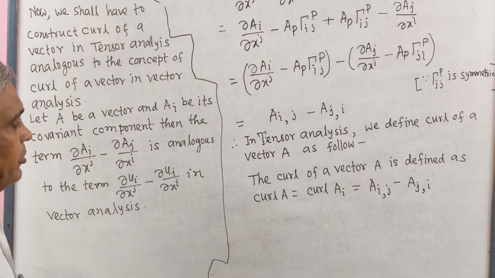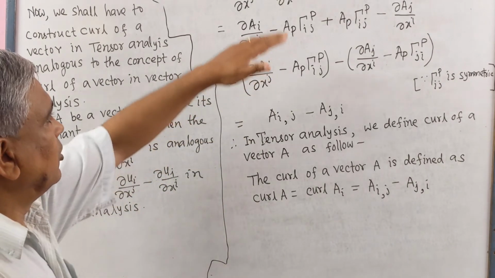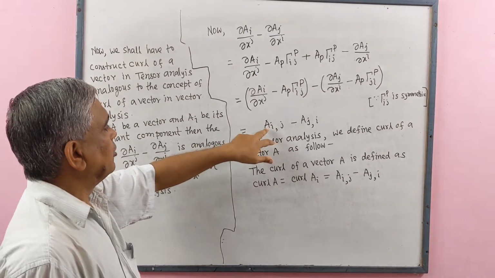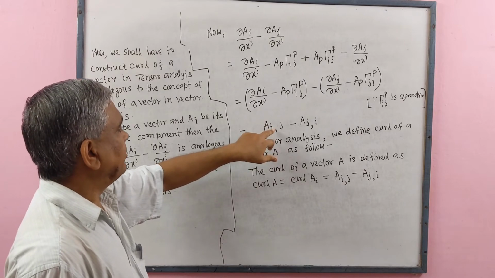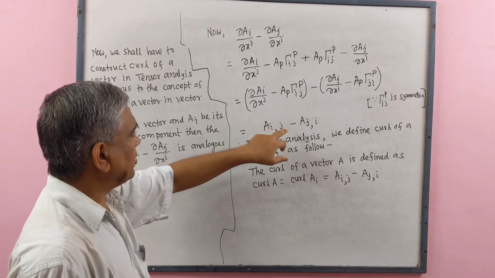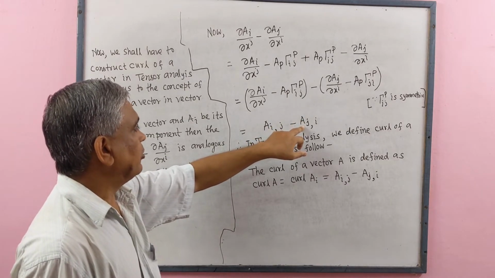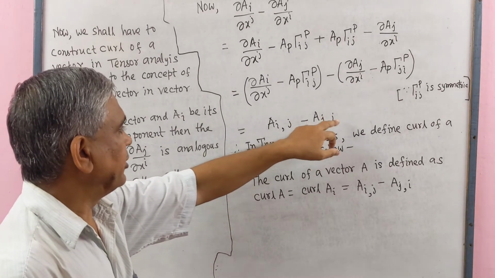This is the component of the curl of a vector, and ultimately we get the covariant derivative of the covariant vector Ai with respect to xj minus the covariant derivative of the vector Aj with respect to xi.